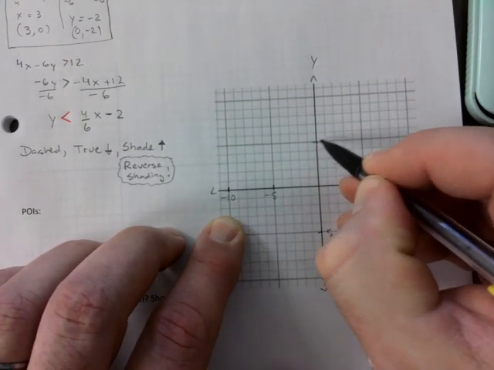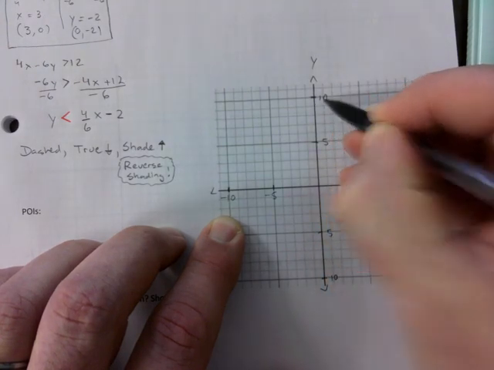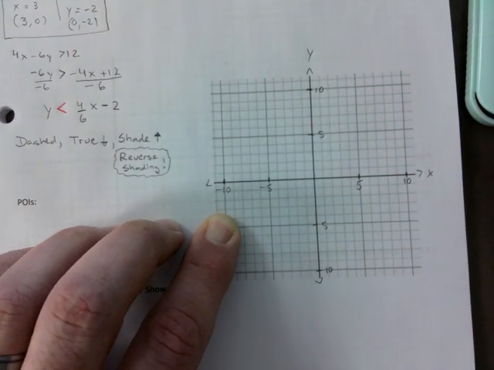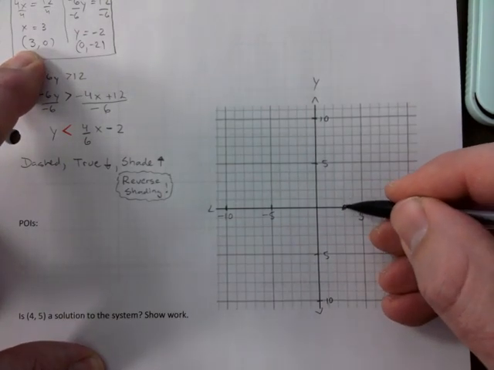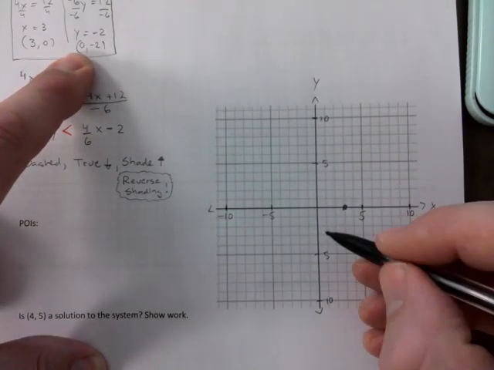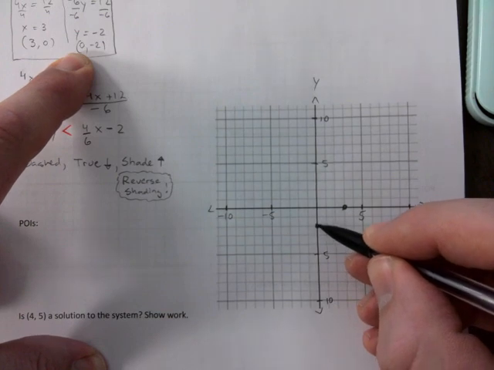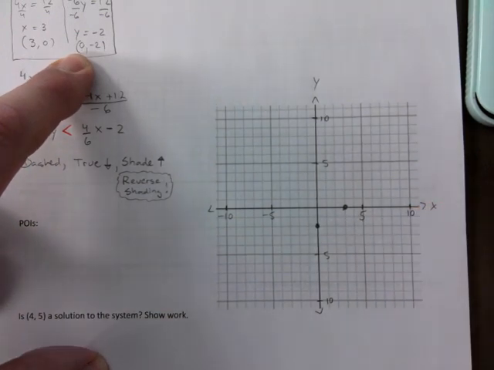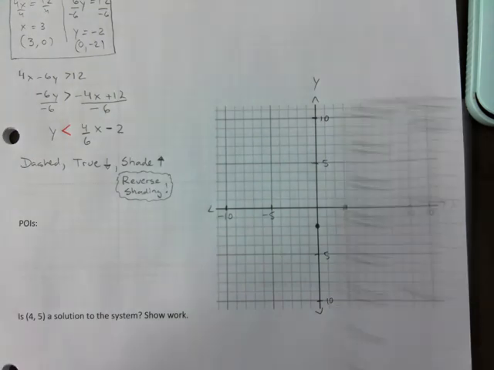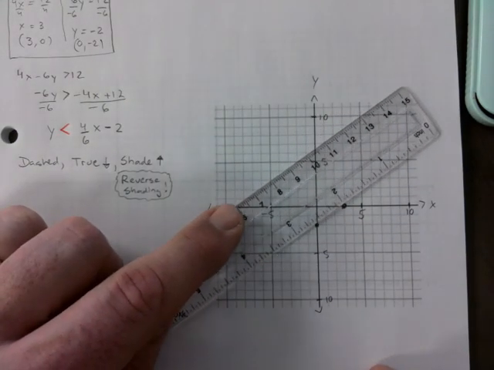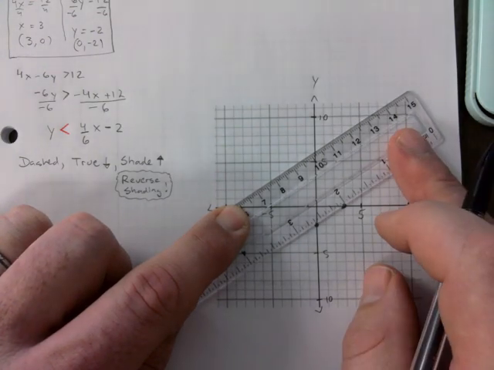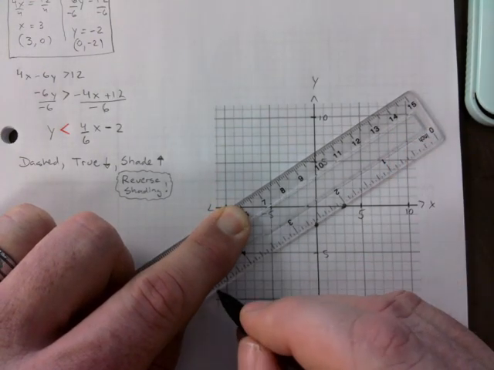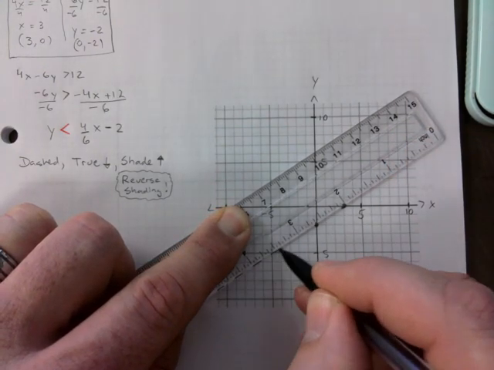There we go. Let's do the first one. 3, 0, 0, negative 2. And that is a dashed line. So we're going to go like that and dash it.